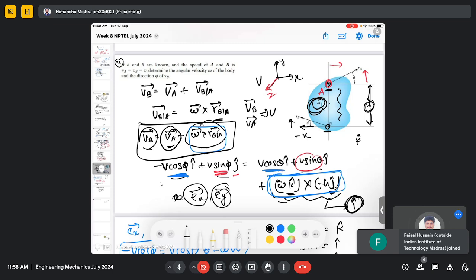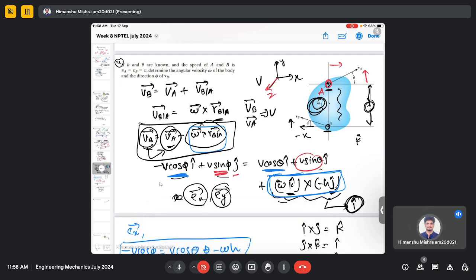So here you can write the velocity of point B with respect to the velocity of A. So basically this will give you the relation of one point's velocity to the other point's velocity, and from the relative velocity expression, you can figure out the velocity of one point if you are given the velocity of the other point, right?